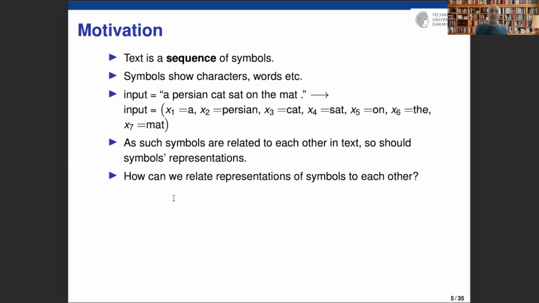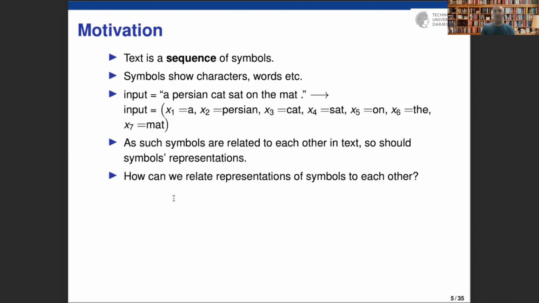As human beings, in several languages we read from left to right, but in some other languages, we read from right to left. What is important is that we process text symbol by symbol, word by word, character by character, sentence by sentence, paragraph by paragraph, and so on. So we process a text as a sequence.